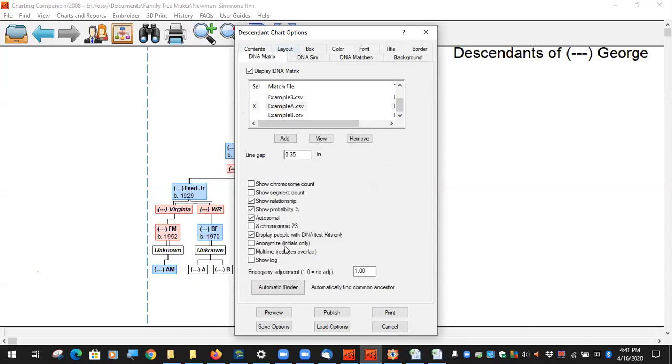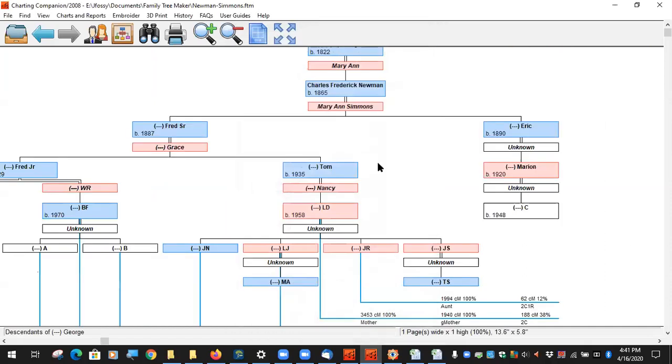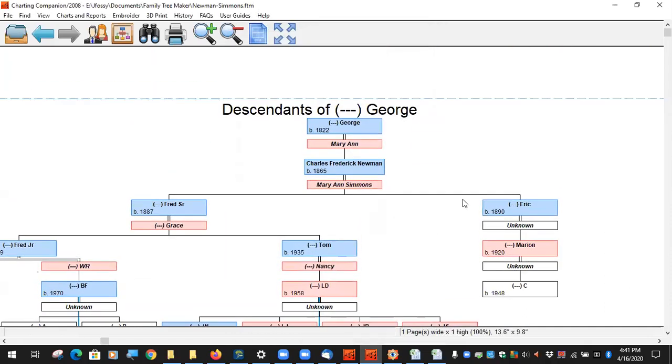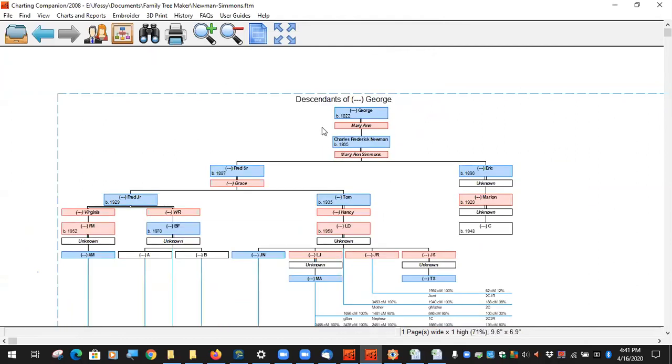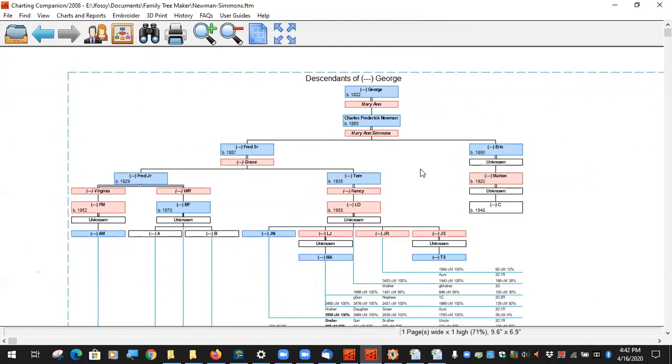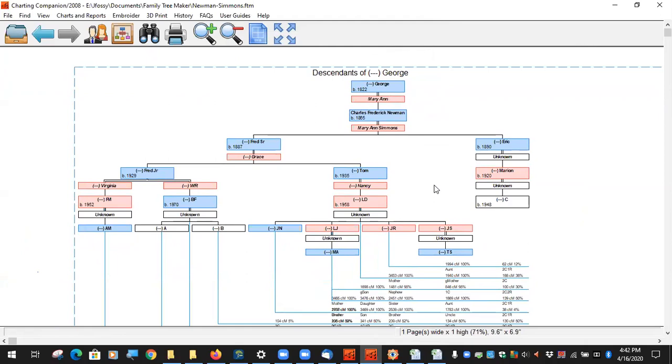Okay, back here, we're going to just do this chart. And then here we go. Let me just kind of zoom this out some. So we've got George, Marianne.